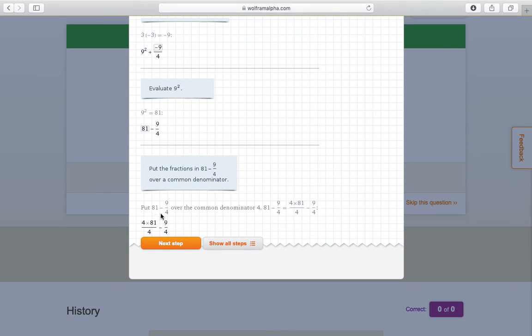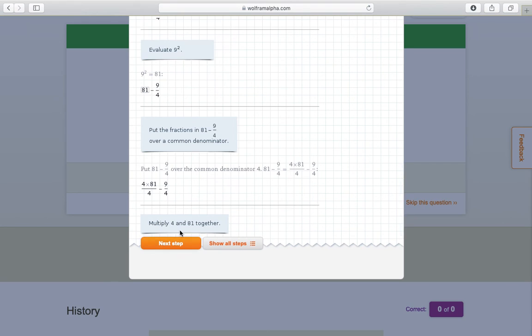Put 81 minus 9/4 over the common denominator, 4. So 81 minus 9/4 equals 4 times 81 over 4 minus 9/4.